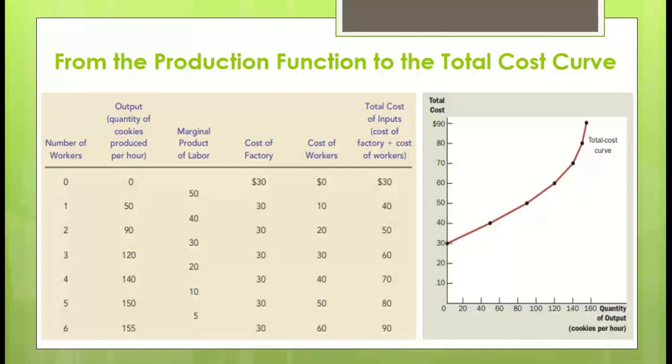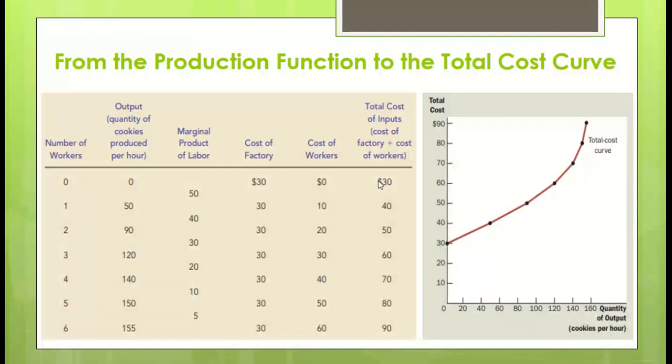And this graph basically shows that when output is increasing, as you can see from the table, from 0, then 50, 90, 120, 140, 150 and 155, the total cost is also increasing, and it's also visible here.